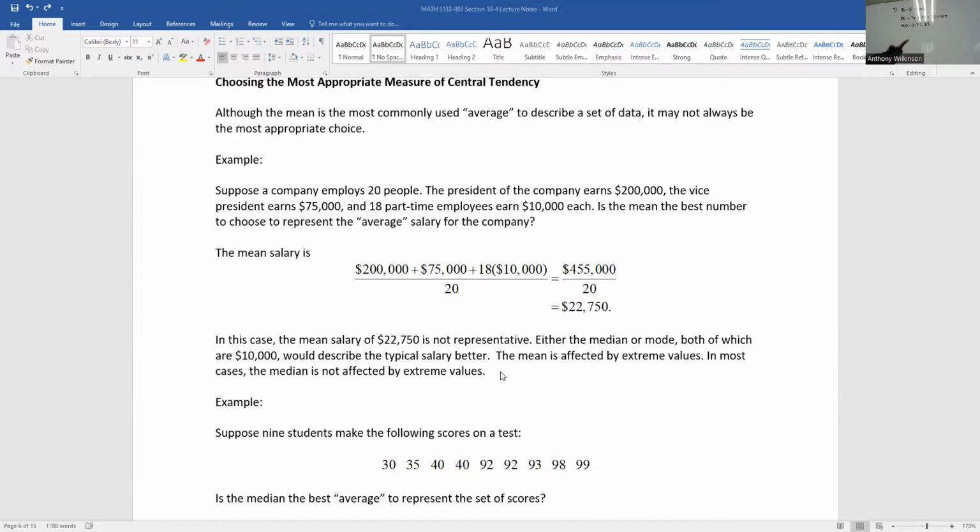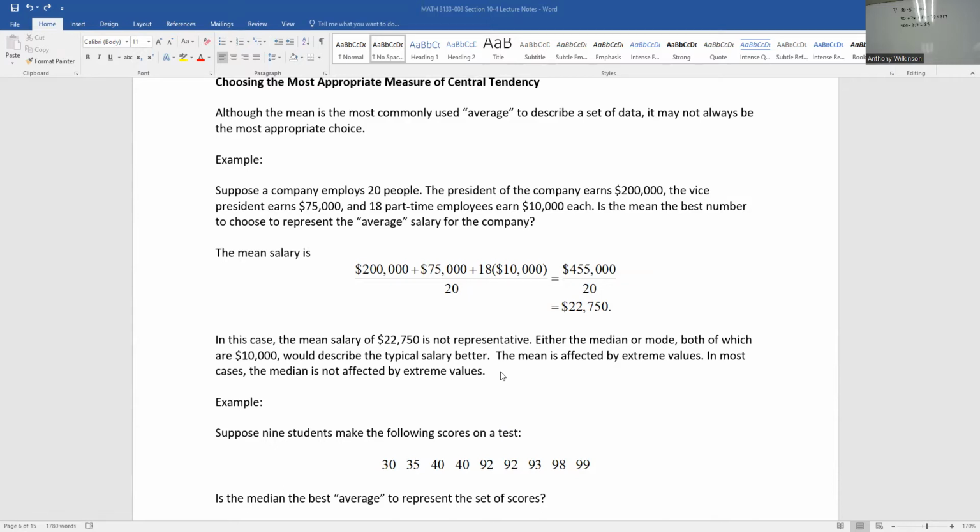Now, if you took the sum of the salary of the president, the vice president, and 18 part-time employees, you'll get $455,000. Divide that by 20. The average there will be $22,750.